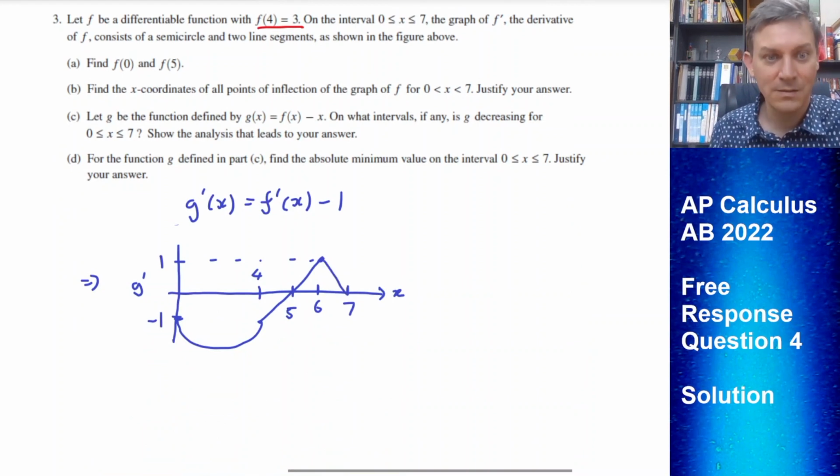Like this. So to answer the question, on what intervals is g decreasing? That is where g prime is negative, and that obviously happens for x between 0 and 5.